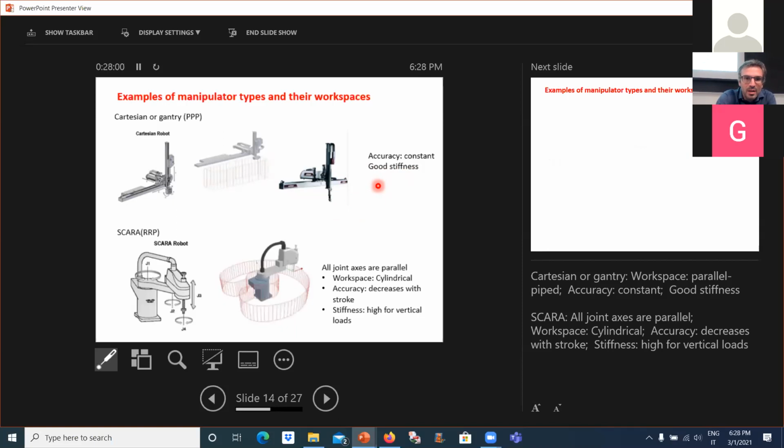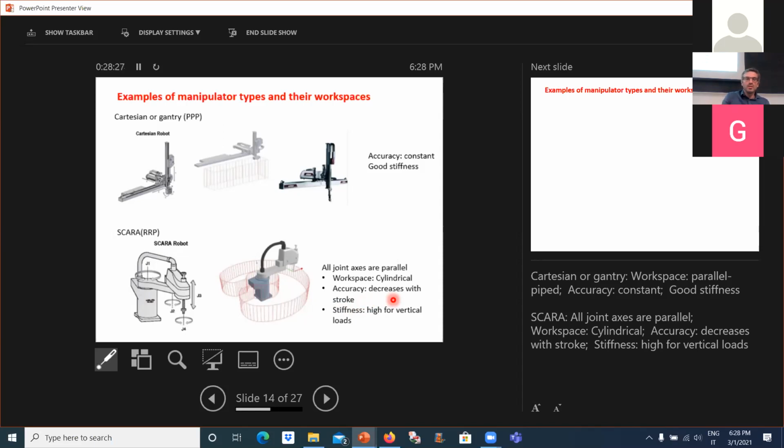The SCARA robot is where all the axes are parallel, 2 revolute and 1 prismatic. The workspace is cylindrical, and the accuracy decreases with the stroke. So if the robot is extended, you have less stiffness and you are less accurate, while here you are more accurate.